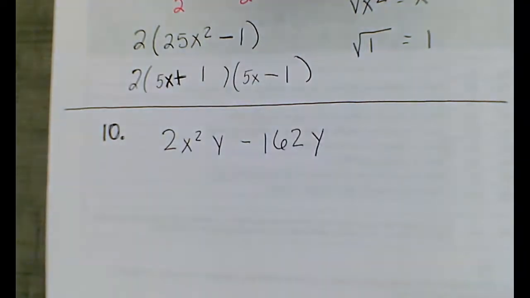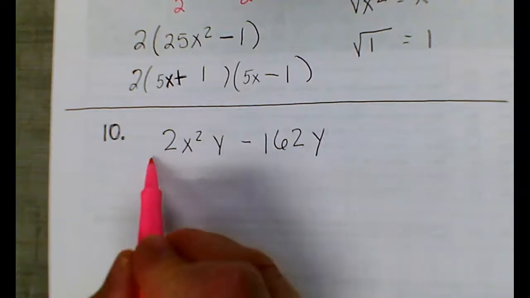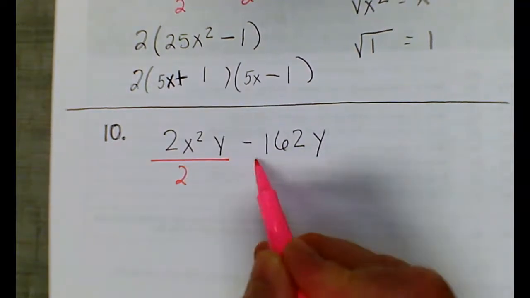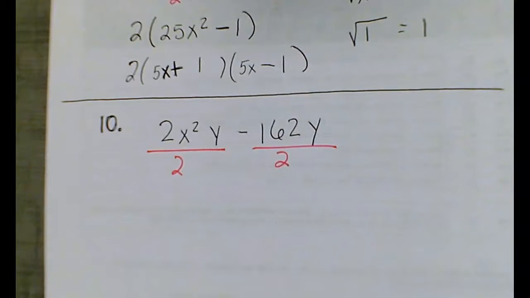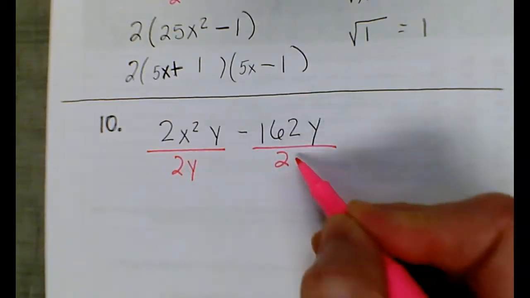The first step is GCF. 2 divides this, 2 divides this. Do you see that they both have a y? Do they both have an x?